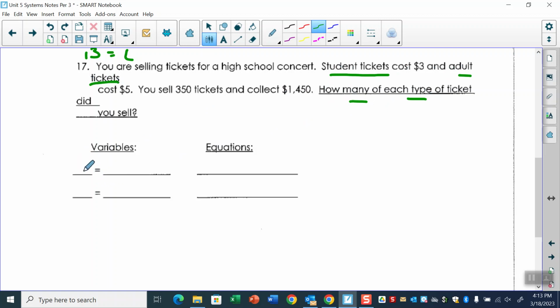Okay, so I hate S for a variable, so we're just going to say X equals student cost, and Y is the adult cost, right? Oh no, we actually know the cost, right? We know there are three. So it's actually how many, right?